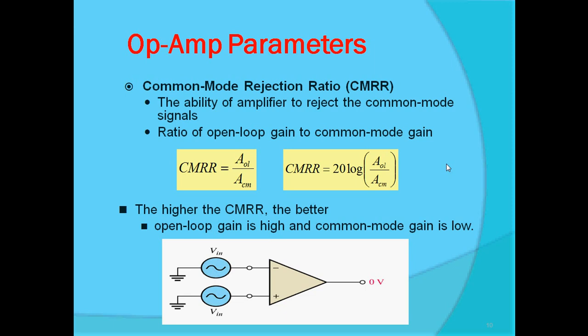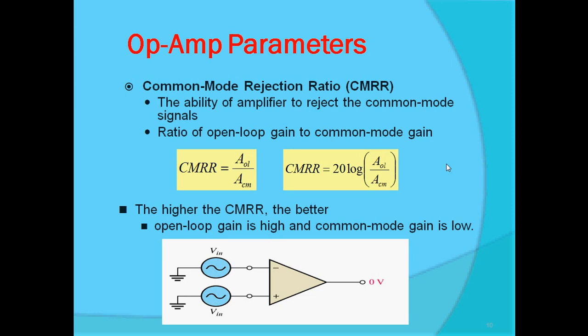In this case, we know that ideally the output voltage of the op amp, Vout, is equal to gain A times the differential input voltage Vd, where Vd is the difference between the input at the non-inverting terminal minus the input at the inverting input terminal.